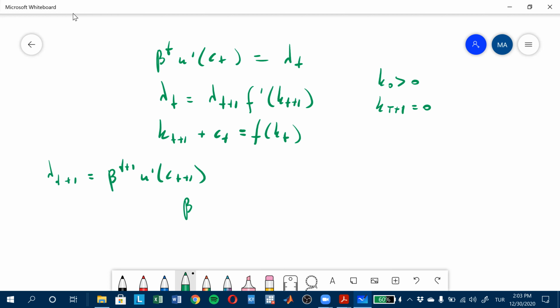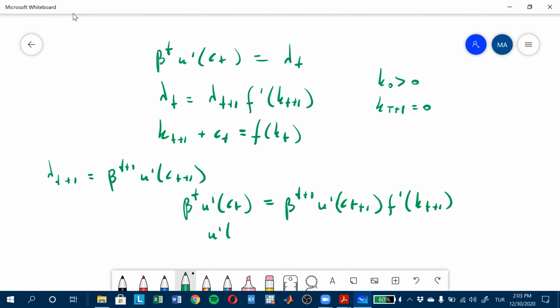So I have beta^t u prime(c_t) being equal to beta^{t+1} u prime(c_{t+1}) times f prime(k_{t+1}), right? So the beta^t's cancel out, and eventually I have u prime(c_t) divided by u prime(c_{t+1}) equals beta times f prime(k_{t+1}).